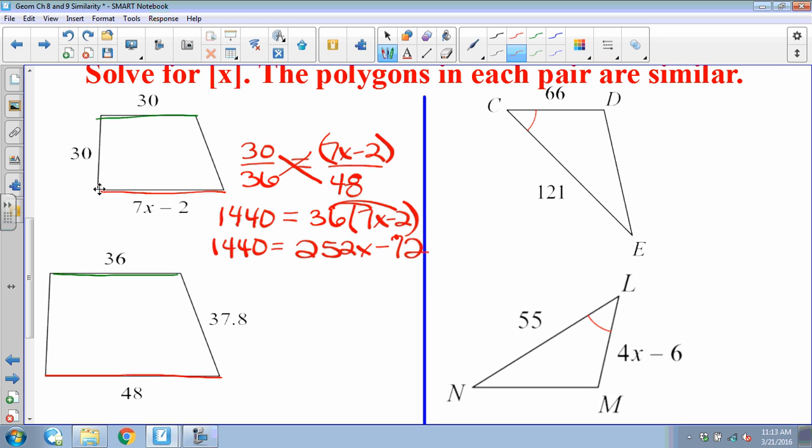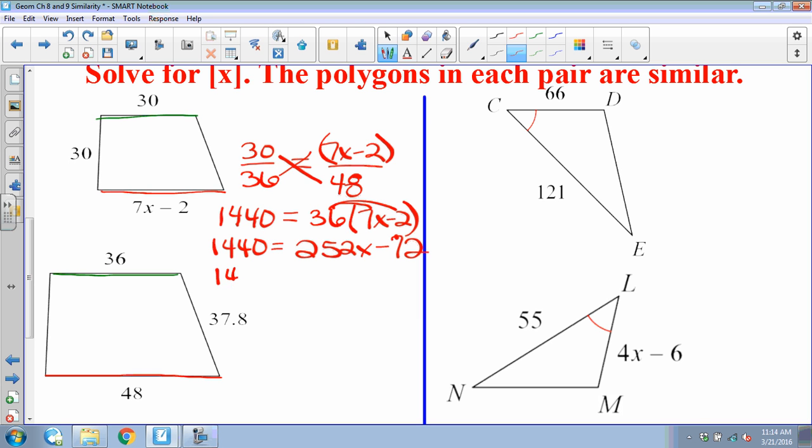You didn't distribute the 36? Did you set it up 36 over 30 equals 48 over 7x minus 2? You might, that's fine. As long as you'll still get the same thing. If these two are flipped, these two have to be flipped, then it's still equal. Okay?